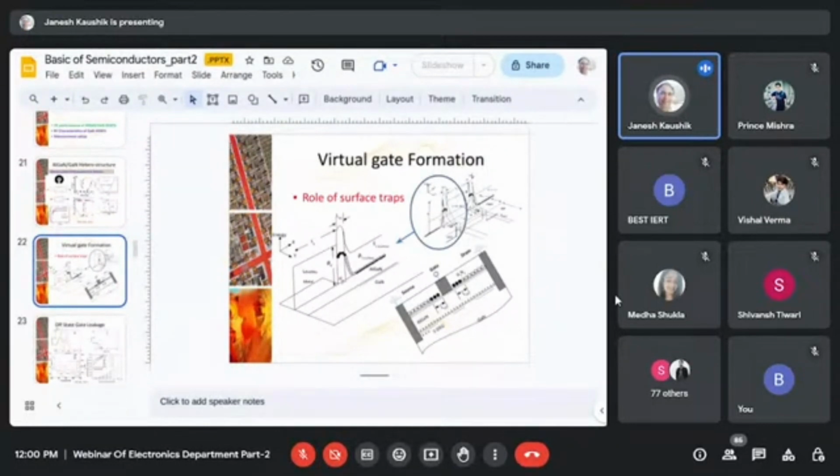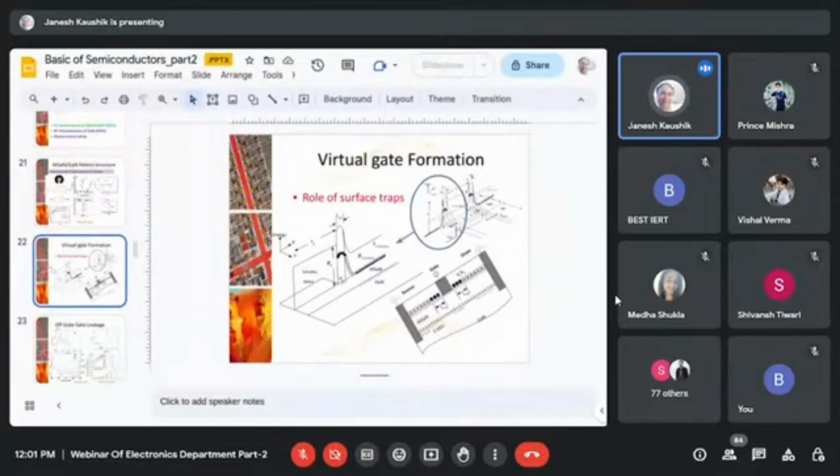Due to that, the negative polarization charge comes into the picture, and that lifts the conduction band near the interface at the surface, and that depletes the channel. That is called the virtual gating effect or virtual gate formation, and that is the most detrimental phenomenon in this AlGaN/GaN HEMT technology, because we have to make a Schottky diode.